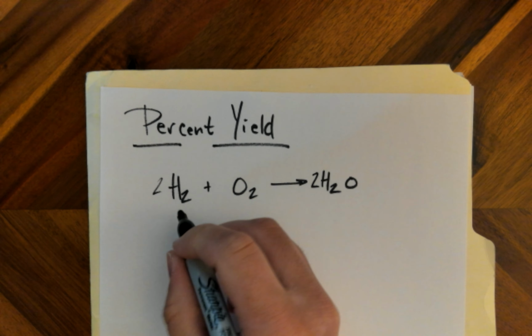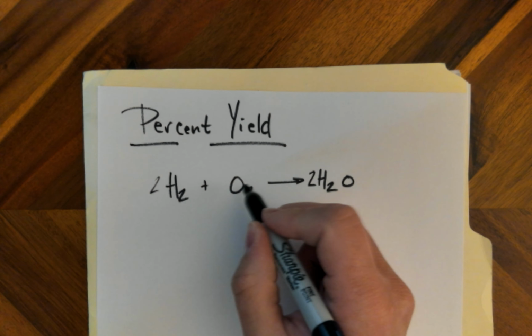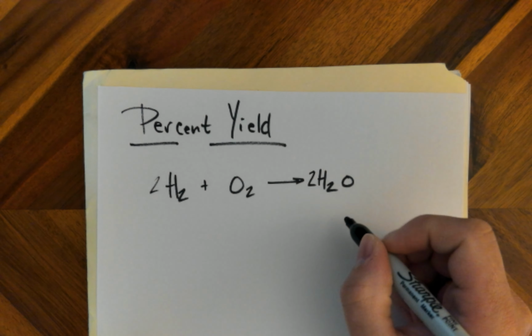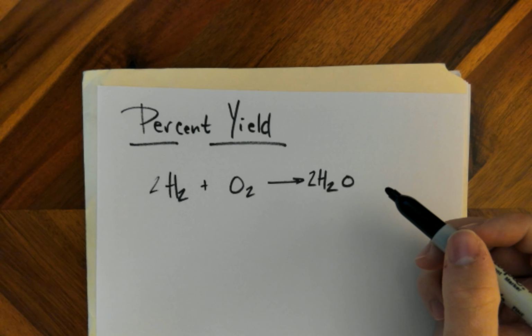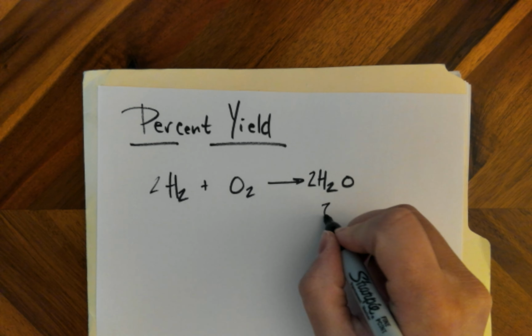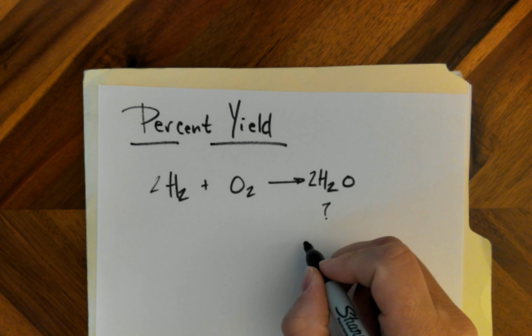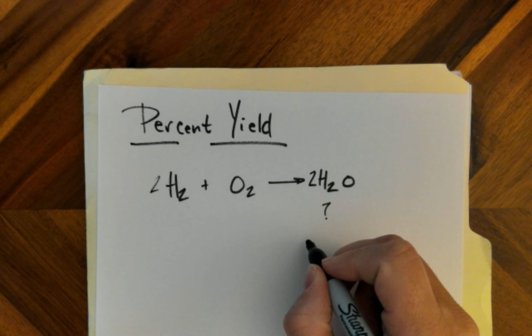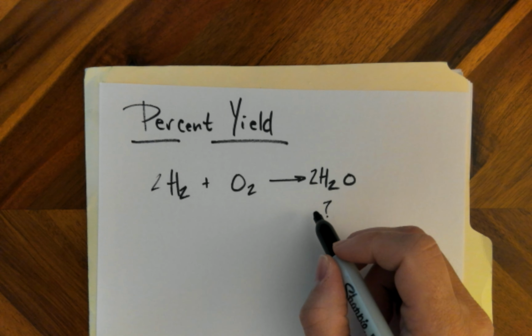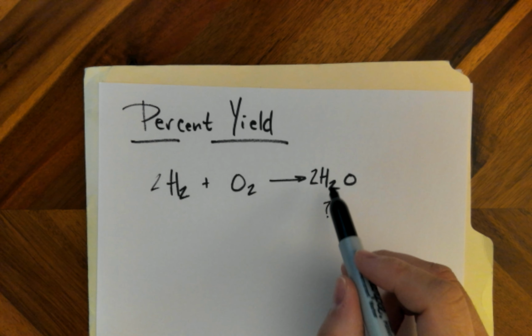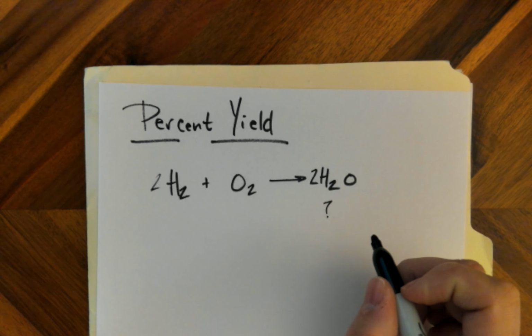And we said if we had a certain amount of hydrogen and a certain amount of oxygen, which one would run out first and how much water would we actually get? And that amount of water that we would actually get, we called the theoretical yield. The yield that we would theoretically obtain by doing this particular chemical reaction.